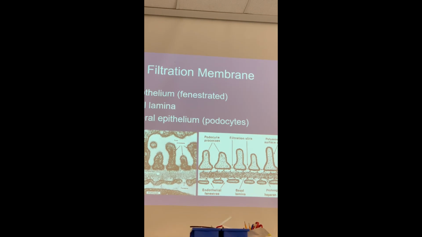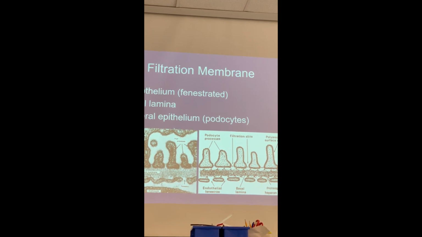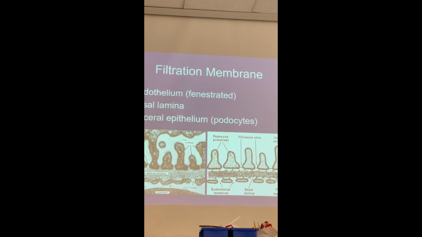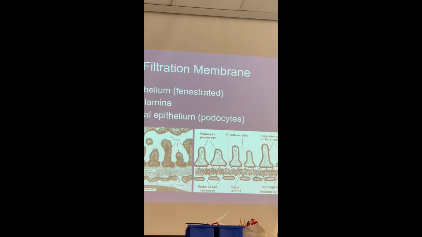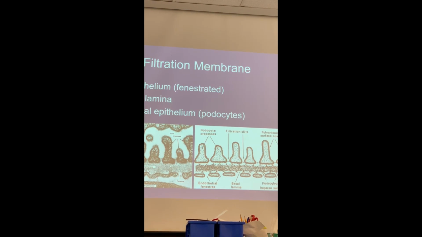They call it the basement membrane here, but it's a basal lamina. The difference is that a true basement membrane also has a reticular lamina from connective tissue. Here, all we have is two epithelia. This one, the podocyte epithelium, and this one, the capillary endothelium. And those together make their combined basal lamina.